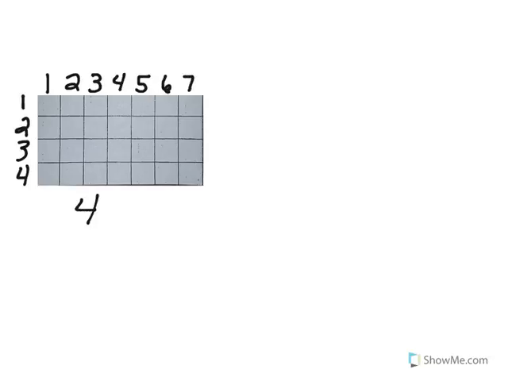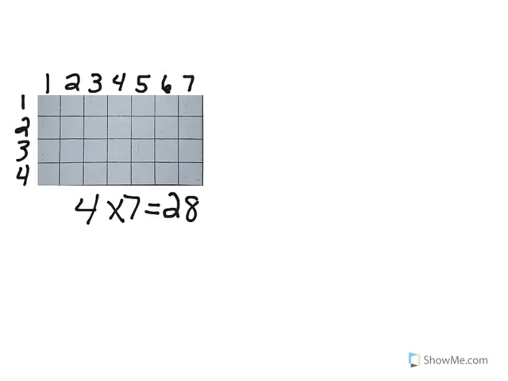So this is showing that 4 times 7 is equal to, and now if you can go ahead and count all the squares so you can find your product. Once you've counted all of them, you can see that your product is 28, because 4 times 7 equals 28.